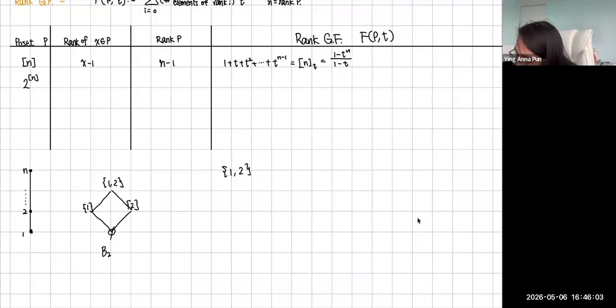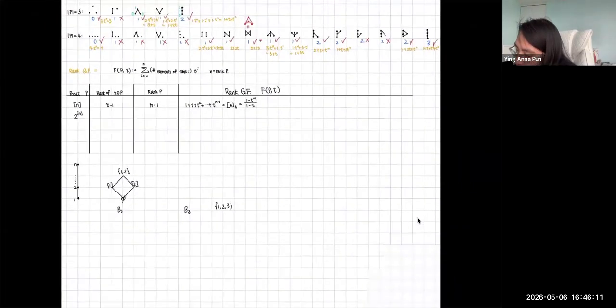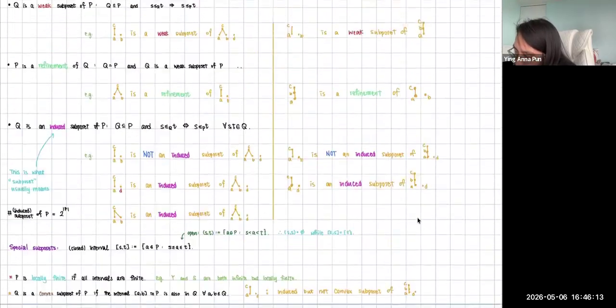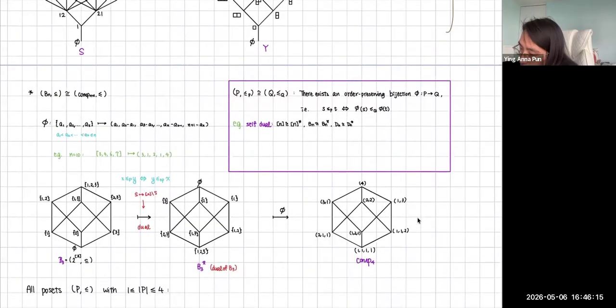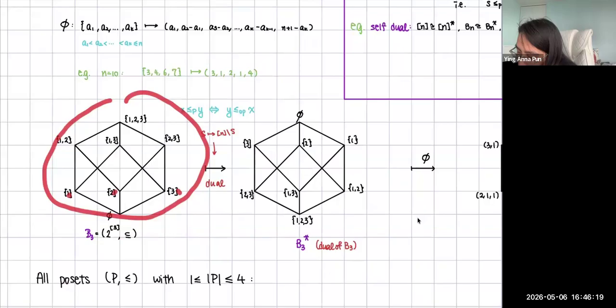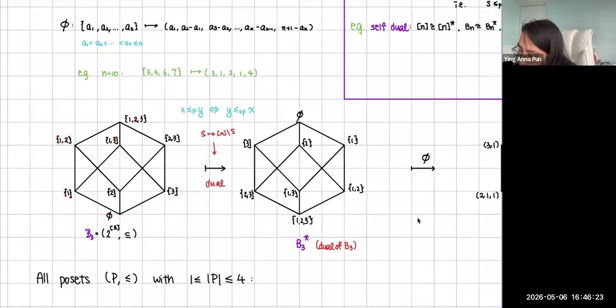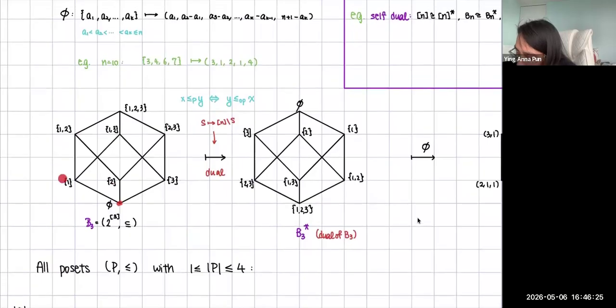This is B2. And then the Boolean algebra B3 is just the subsets of 1, 2, 3. Sorry, I have to scroll so that you can see it. So this is the one, right? You have the empty set, 1, 2, 3, 12, 13, 23, and 123. So that's the Hasse diagram. And then you can see that it's like 1, 3, 3, 1. Right.